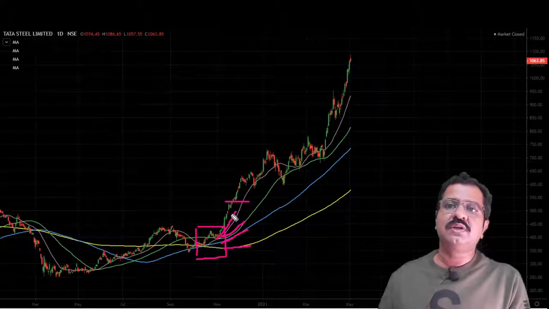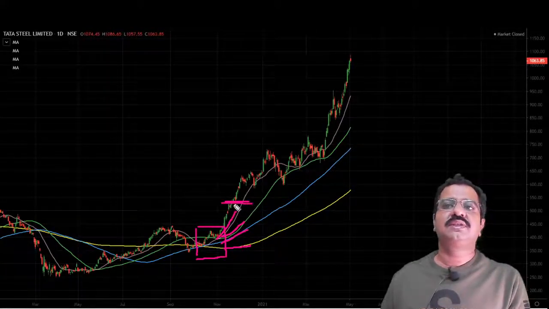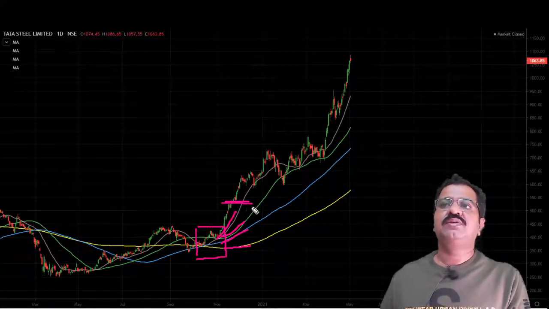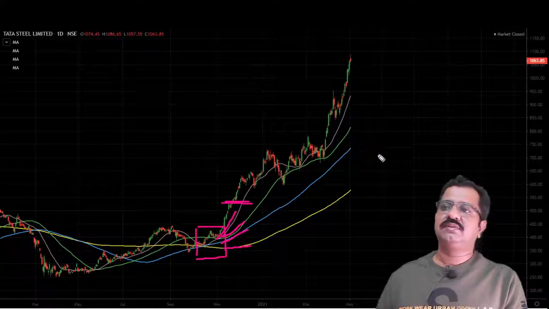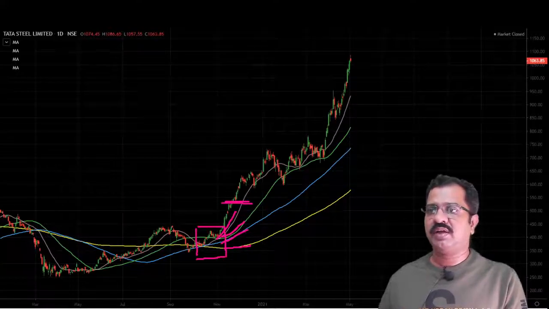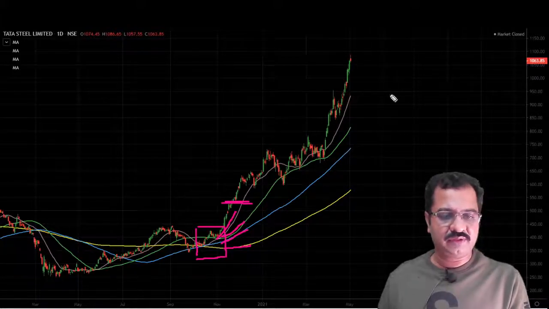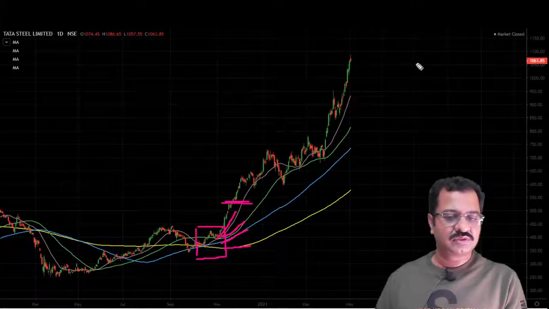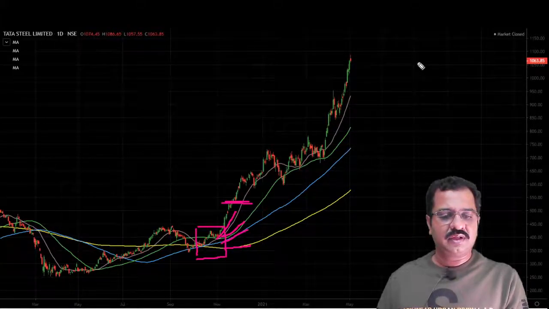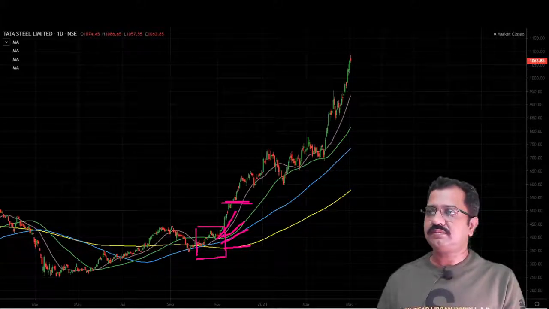So suppose your system gives entry signal here, then you have to just sit in trade and wait. So you entered at somewhere around 500 550, and now you are in trade, right? So when all these moving averages come closer somewhere and your system gives exit signal, you have to exit. That's how it works.